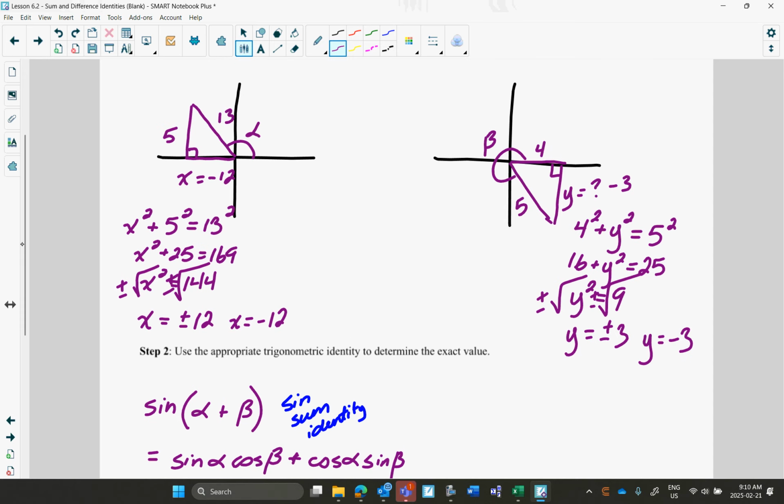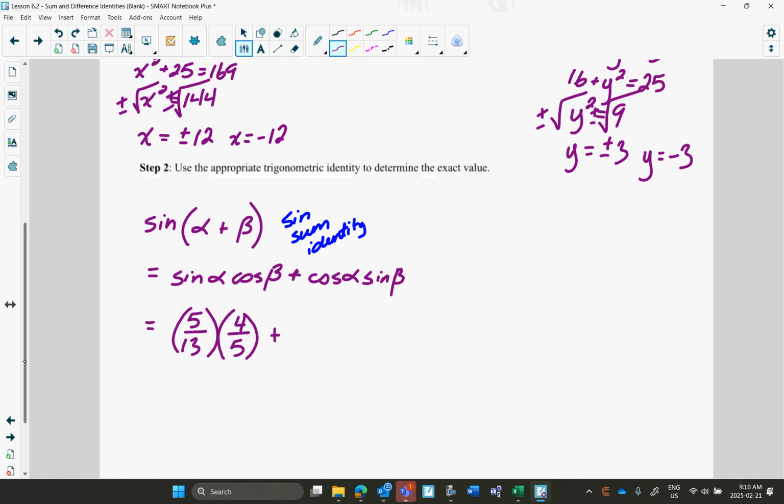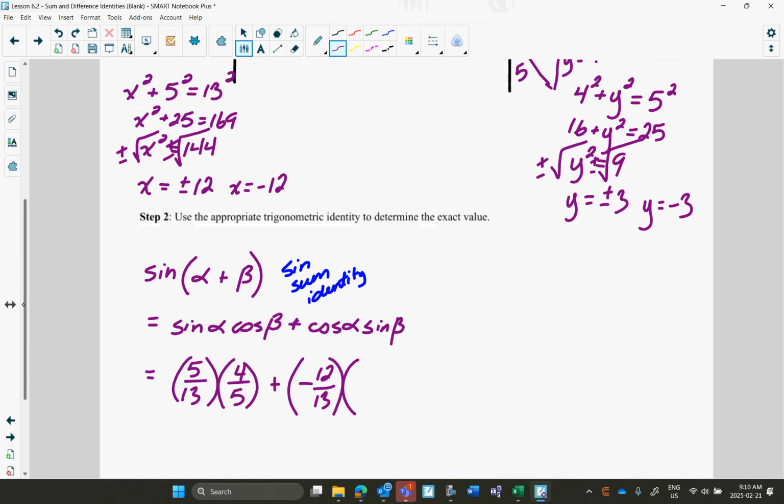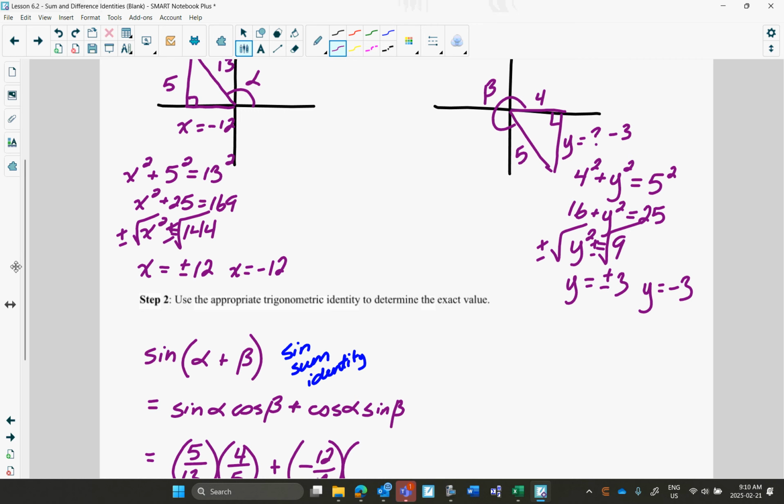Cosine will be adjacent, -12, over hypotenuse, 13. And sine beta, I got to go to the second triangle, the beta triangle.